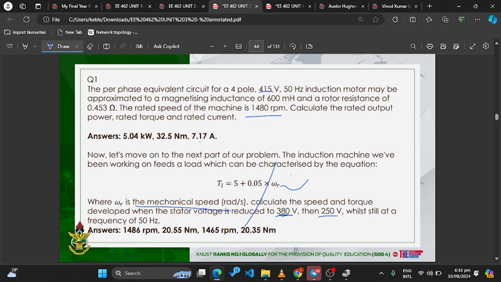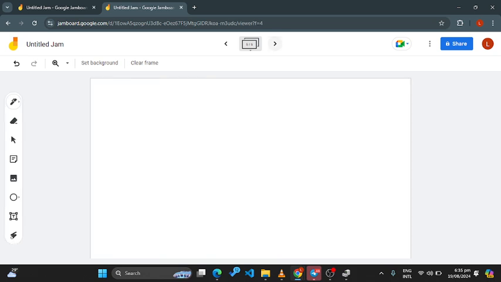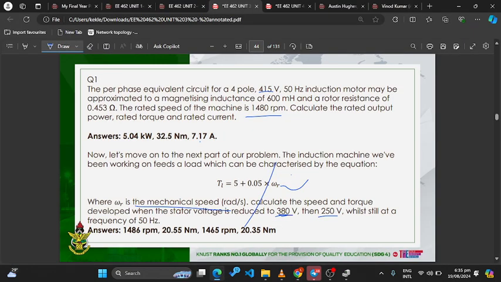Okay, so in solving this question, we know that in order for the motor to drive this load, it must generate an electromechanical torque that should be at least equivalent to this load torque.